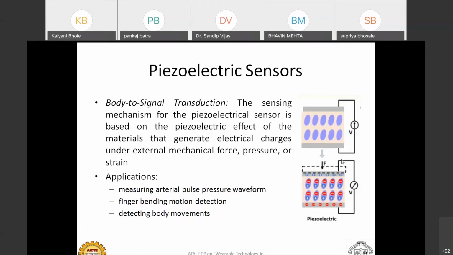So by measuring the charge developed on the surface, or the voltage, we get information about the force or the pressure.